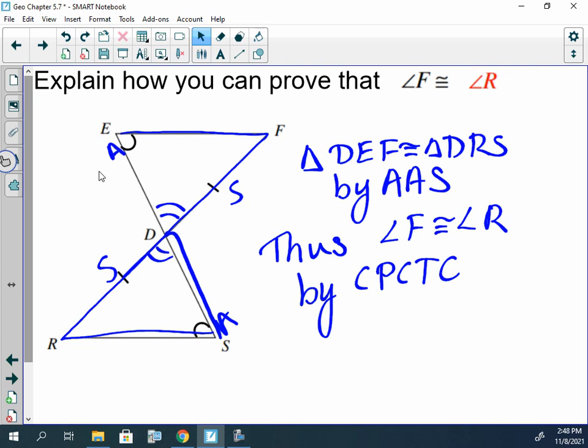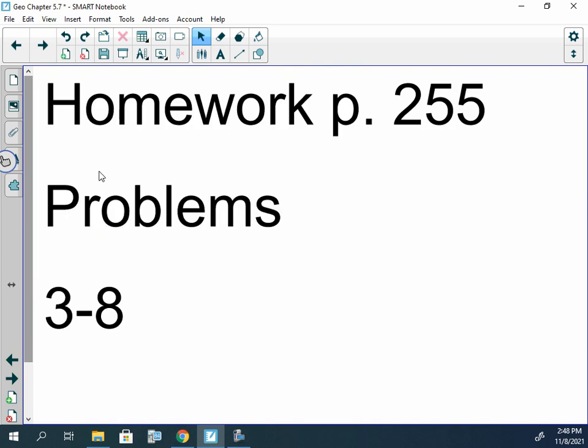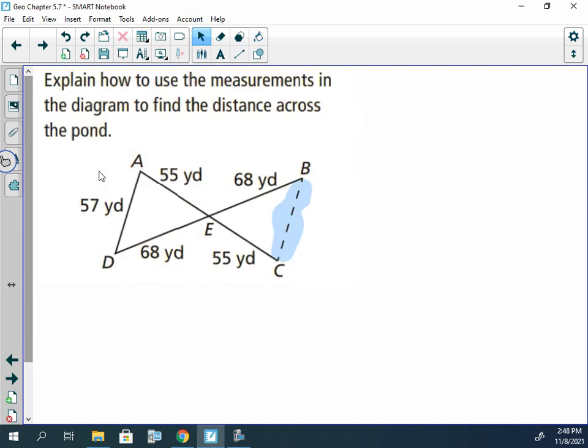All right. Let's look at this here: explain how to use the measurements in the diagram to find the distance across the pond. Because, guys, 68 and 68 are congruent, yes? 55 and 55 are congruent because of vertical angles.